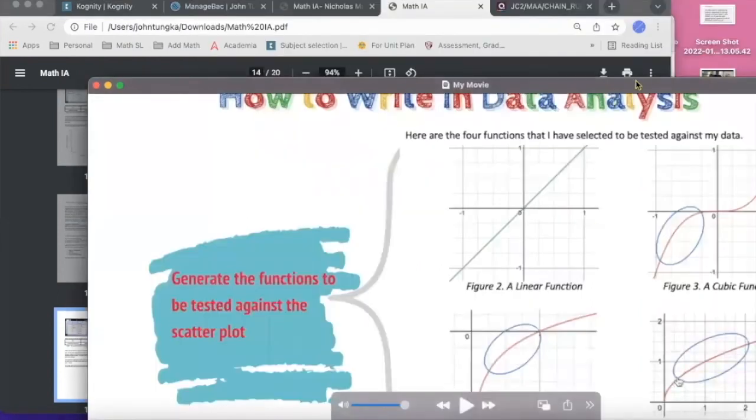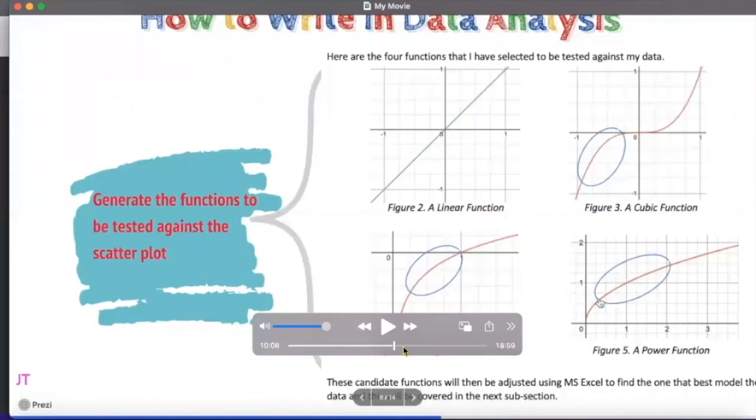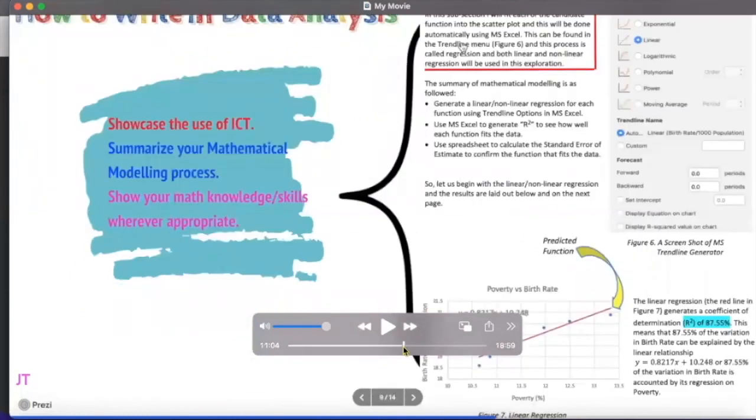I put one example over here on what to use. Your previous teacher perhaps already gave the link. Have you seen this video? No. Okay, then I will give you the link. You can use what's so-called standard error of estimate.